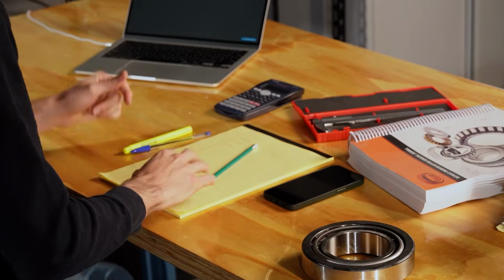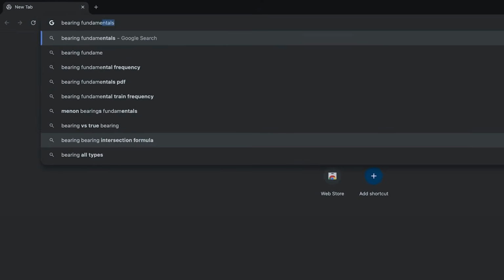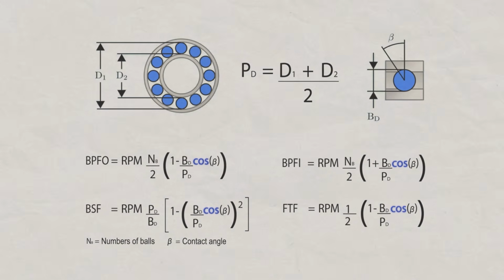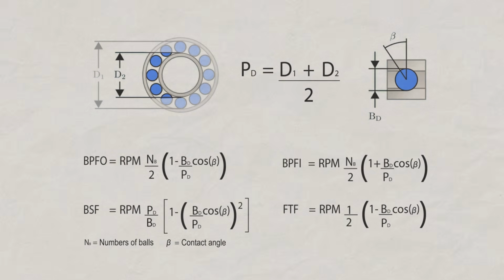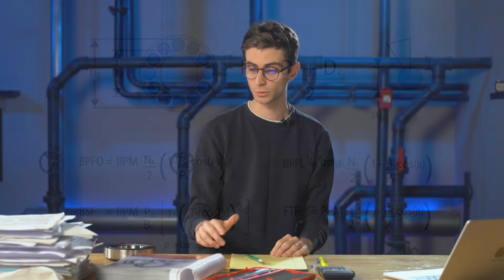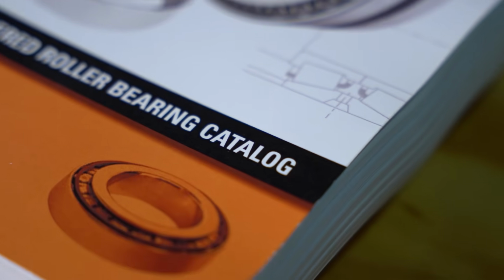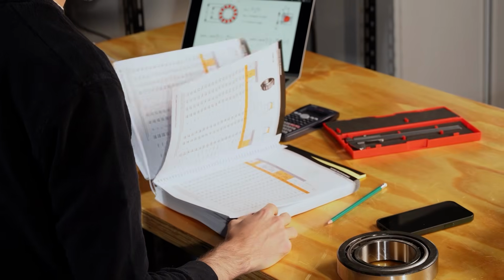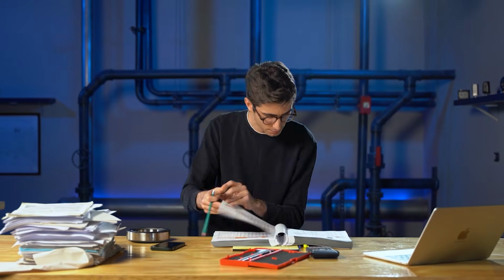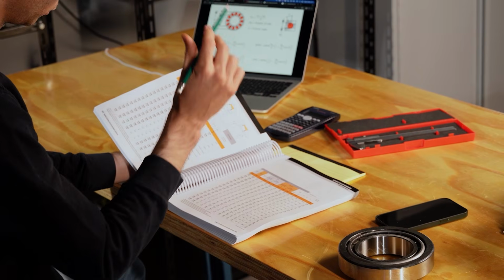And this shouldn't be so painful. Let me see the formulas. Oh, right. There's a cosine in here, the diameter of the inner and outer race, number of balls. Okay, let's get to work. So here's a data sheet of Timken. 32217 should be here somewhere. Found it.